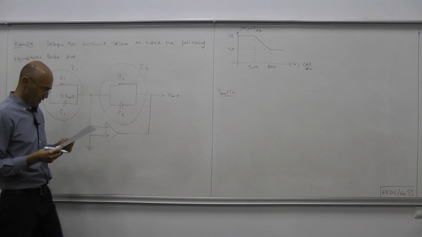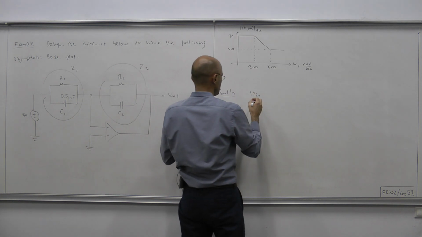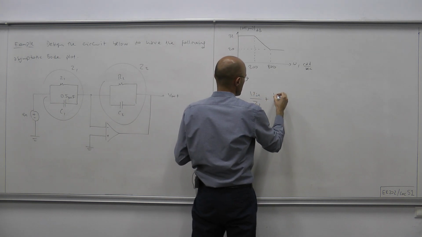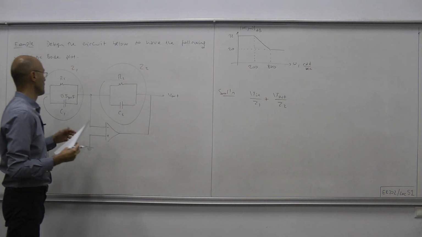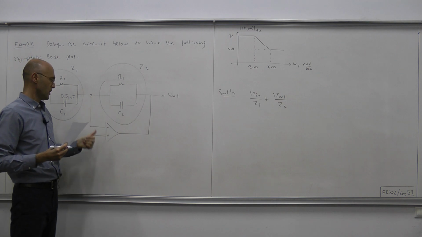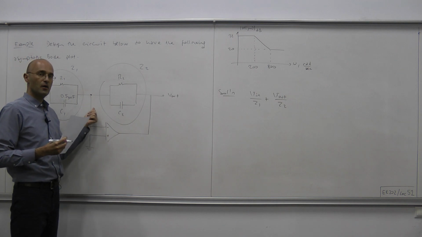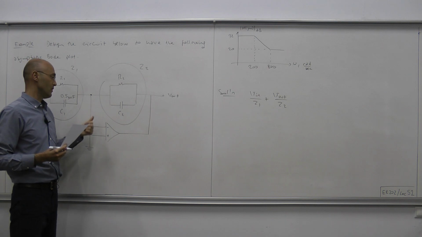So what we have is V in over Z1 plus V out over Z2. If you write the node equation, the KCL in this node, this is an op-amp, there's no current escaping to the op-amp from this wire.